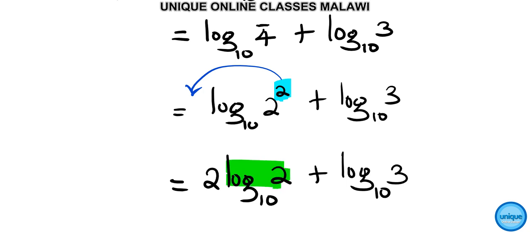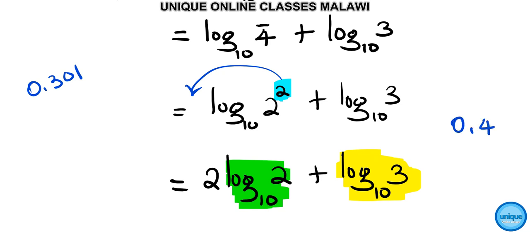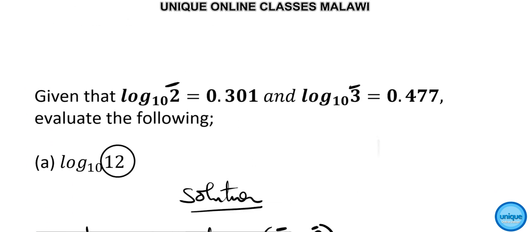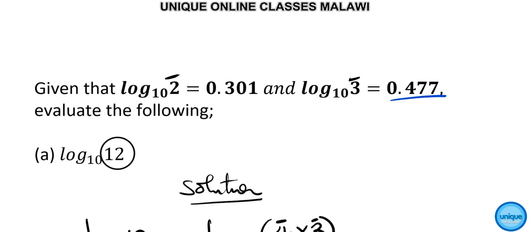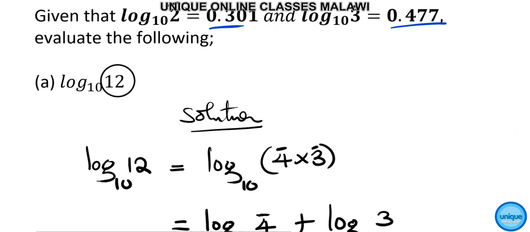Reaching this point, we were already given the value of log of 2 base 10, which is 0.301, and log of 3 base 10 is 0.477, as you can see up there. So instead of writing log 2 and log 3, we replace them with those values.